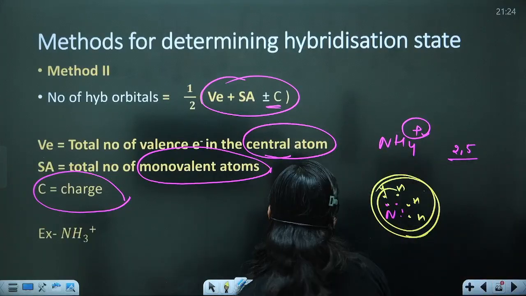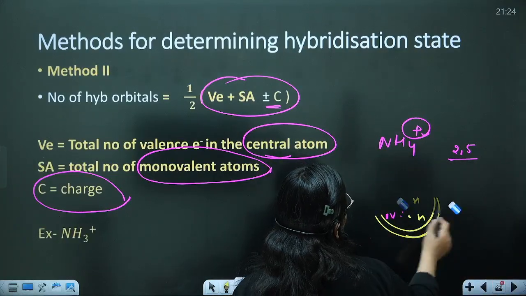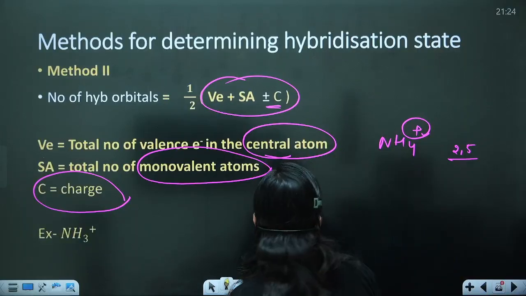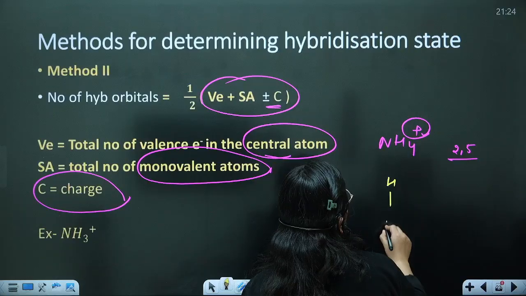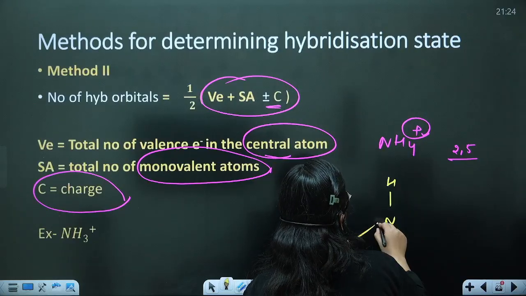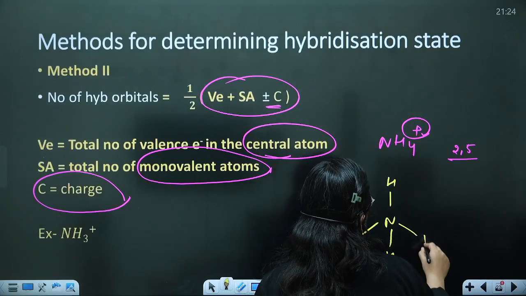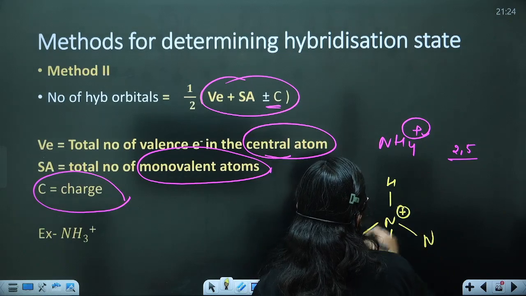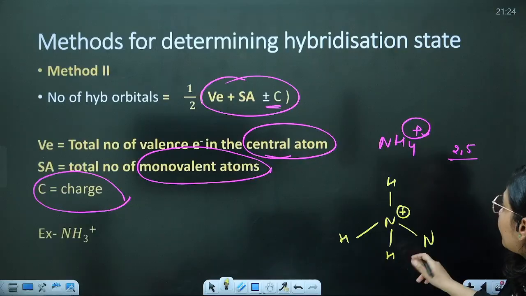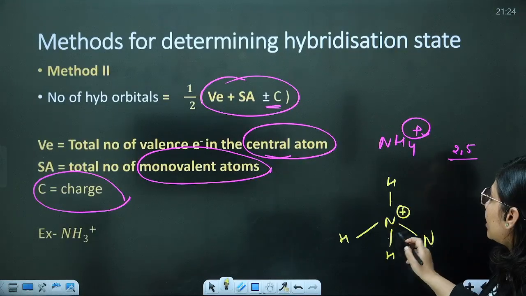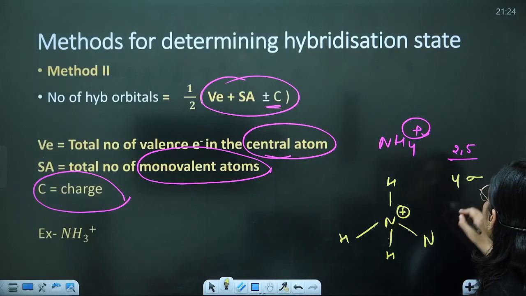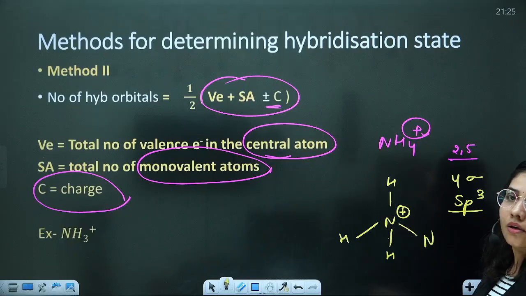This thing we understood. After this, how will they be bonded? Obviously like this, with positive charge, okay. So it is having 1, 2, 3, 4 sigma bonds. It means sp3 hybridization state, okay.